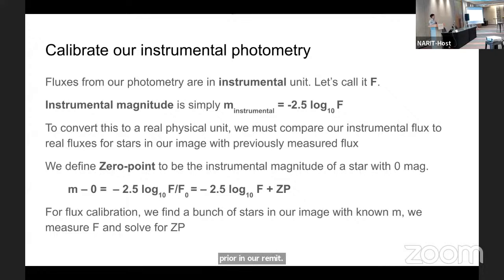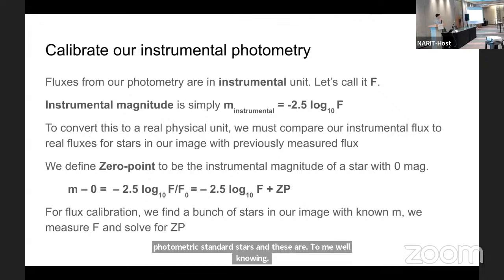A side note is that this is not always possible. Sometimes you have a really small field of view. Sometimes you have a very sparse area of the sky and you do not have any stars to do comparison with. In this case, you have to observe something called photometric standard stars, which are stars with extremely well-known magnitudes in many, if not most, bands.